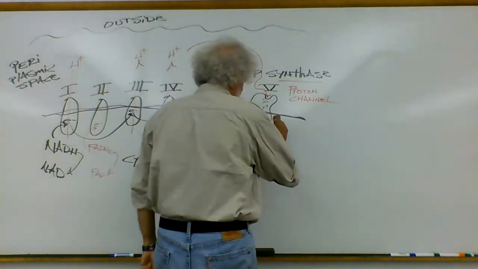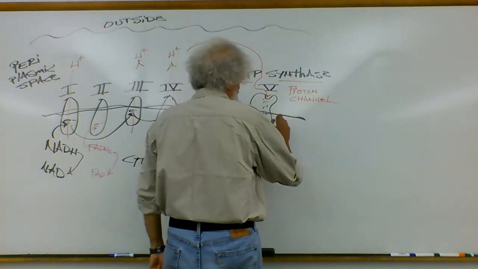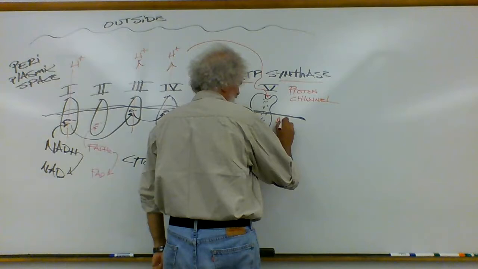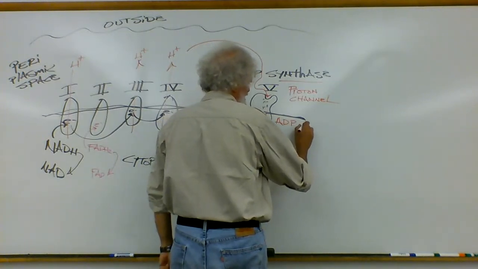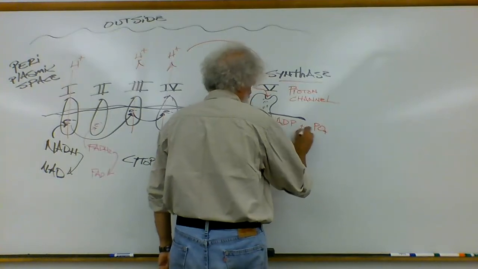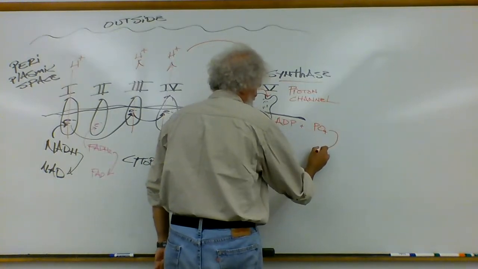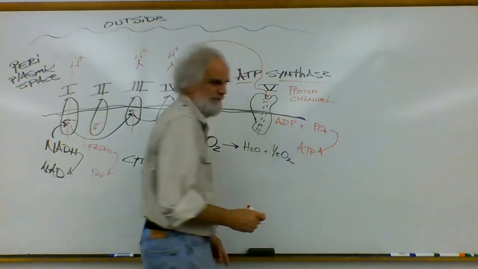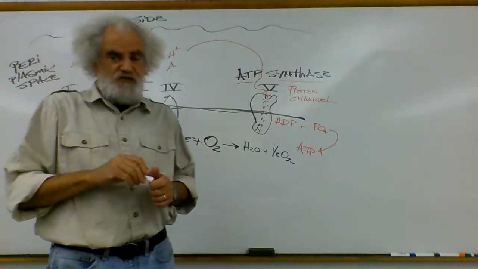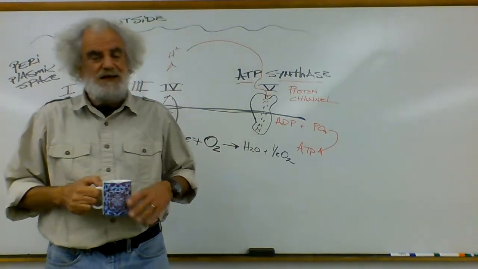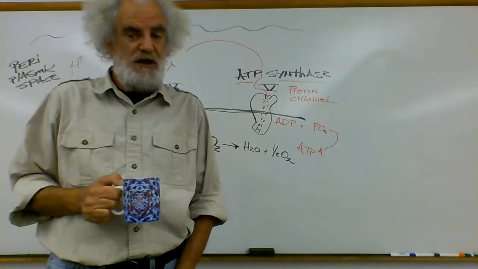And what we're doing now is driving the rephosphorylation of ATP. So we've got adenosine diphosphate, and then we have a phosphate molecule floating around. This is being coupled together to form ATP. And this is where the bulk of the ATP is being generated.